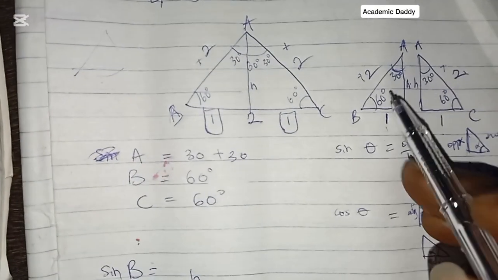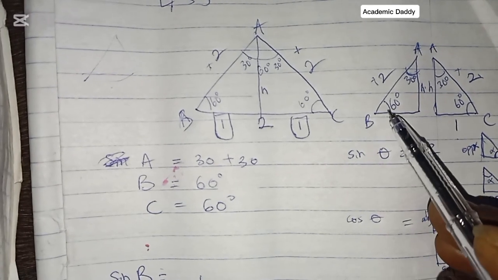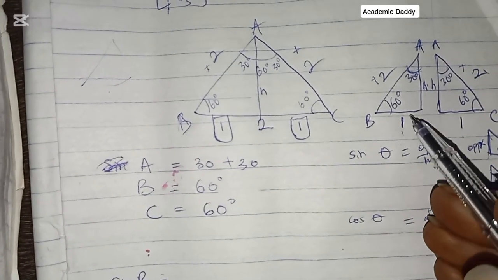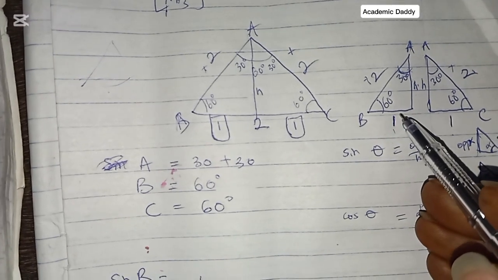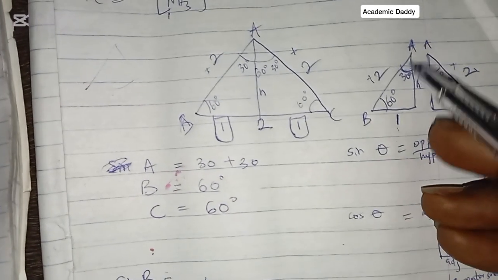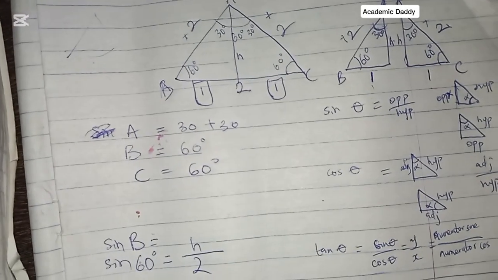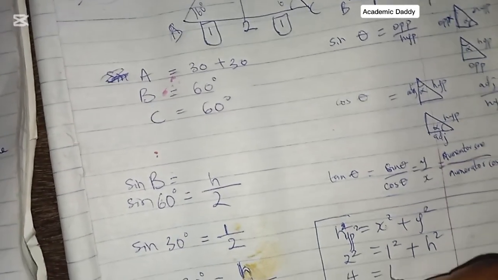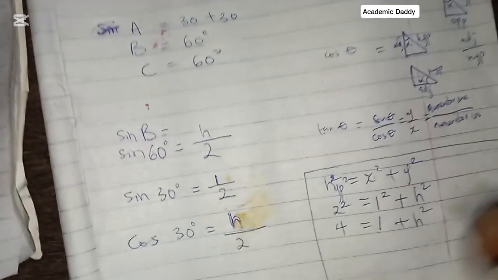Now notice that from this triangle, the hypotenuse is 2 square, then this is 1, that is x side equals 1 square plus y-axis. I don't know it, so let me call it h square. By the time I do this, this is going to be 4 equals 1 plus h square.